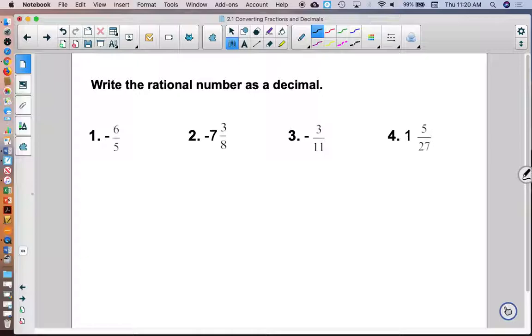Which one did you put in the house? Numerator. Numerator goes in the house.